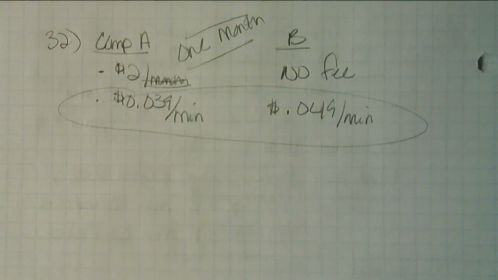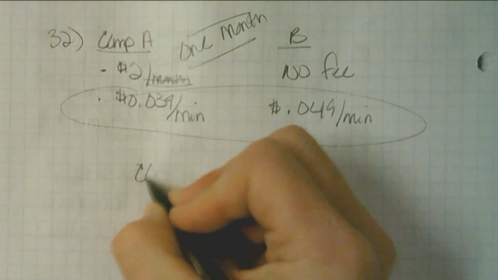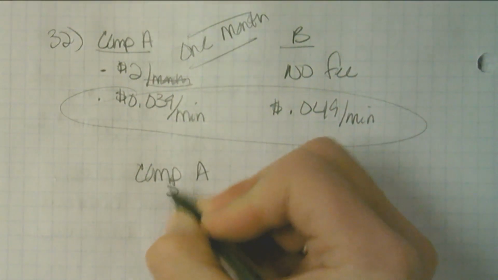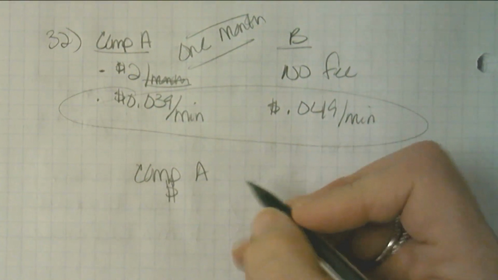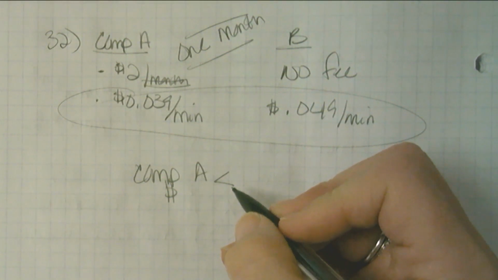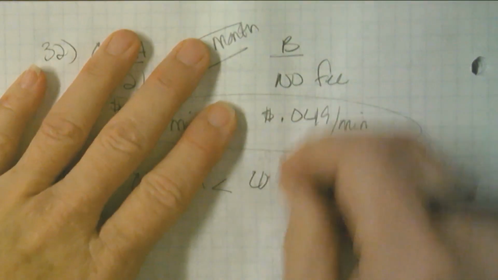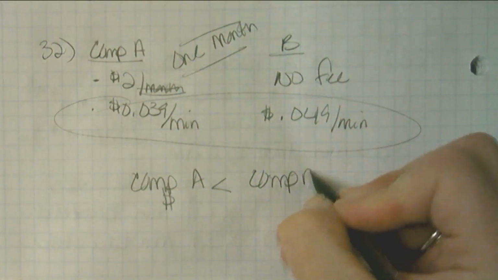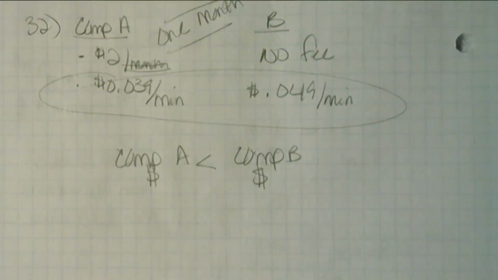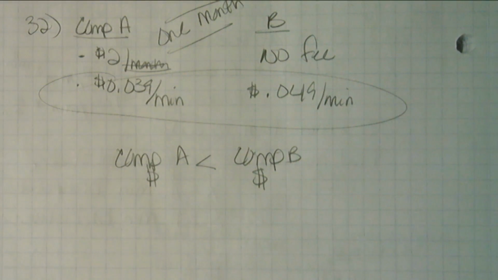Okay, so then they said to us, after how many minutes of long distance calls is the cost of company A less than the cost of company B? How many of you guys agree with that very, very, very general game plan?